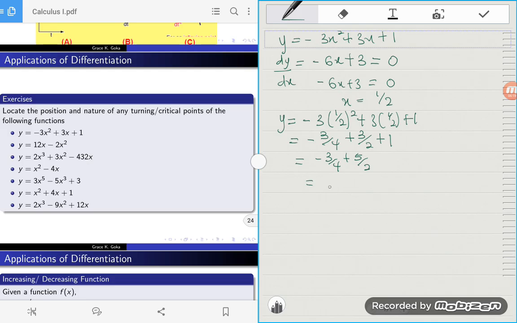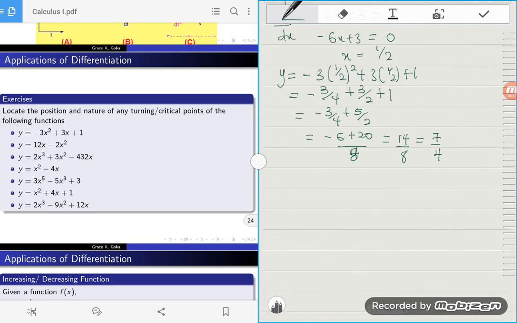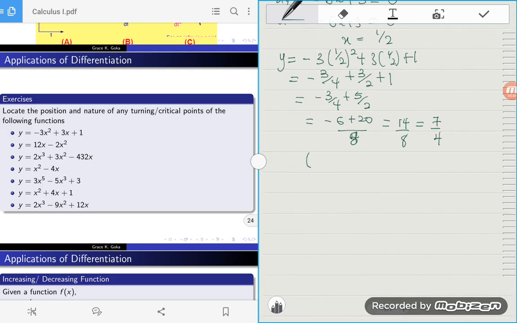And this is equal to minus 6 plus 20 all over... sorry, it's not going to be all over 4, it's going to be all over 8. This is equal to 14 over 8, and that is 7 over 4. So the critical point is at 1 over 2 and 7 over 4.